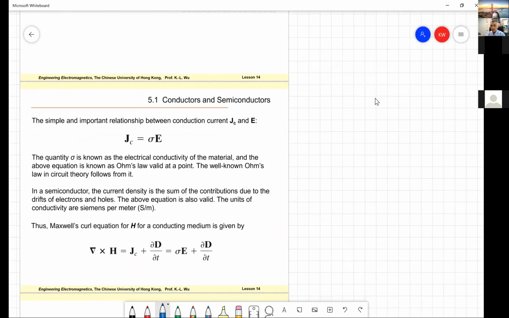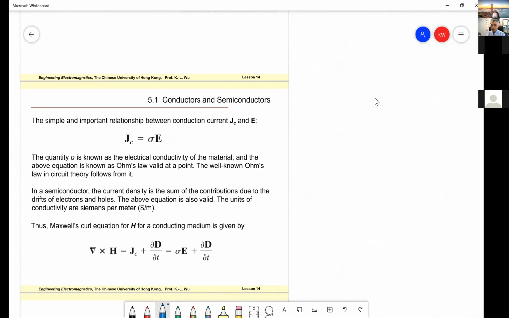All right, so the simple relation between the movement of electrons we describe by the conductivity.